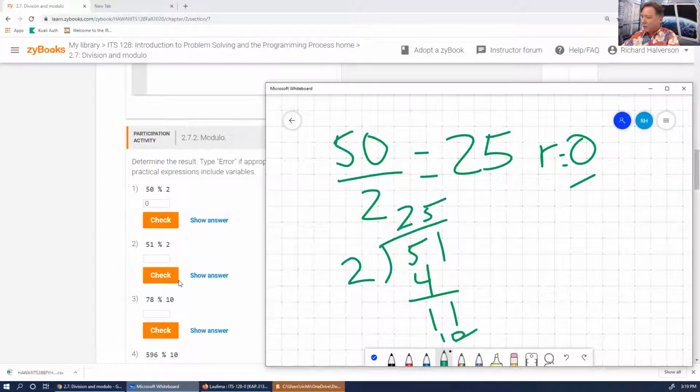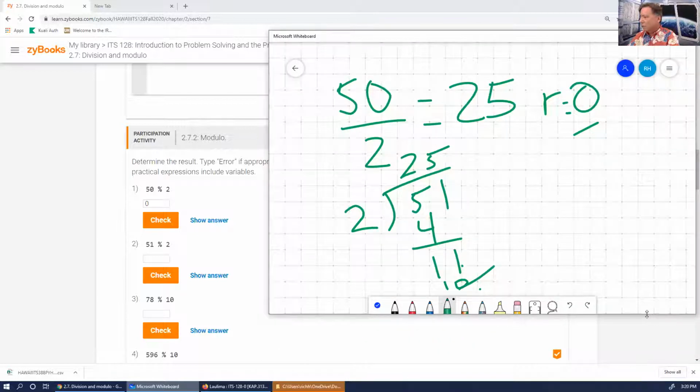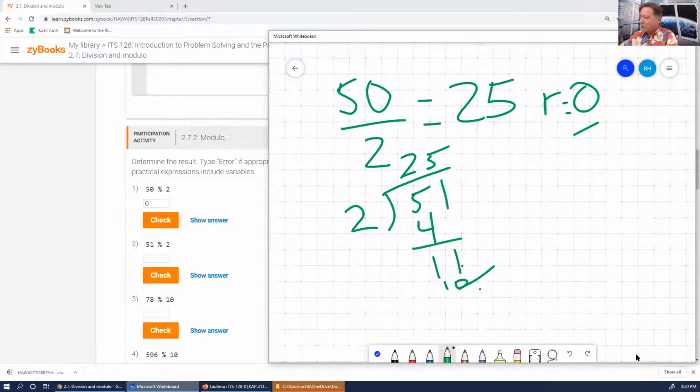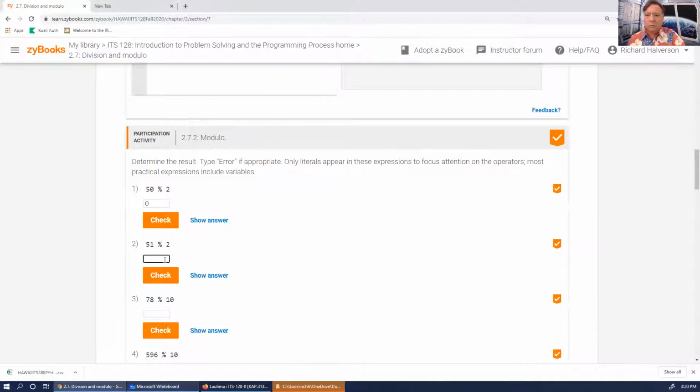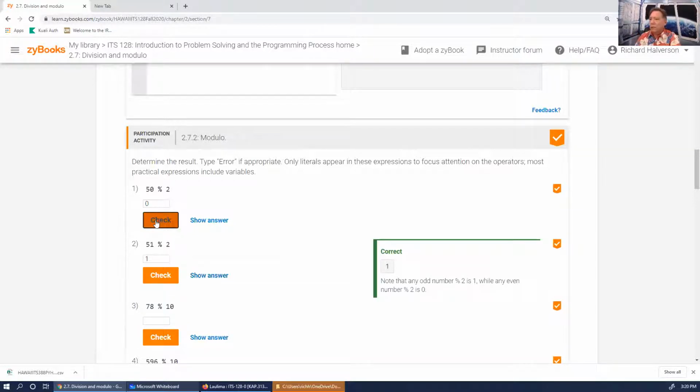And then you get 11 minus 10 is 1. And so 1 is the remainder. So 1 is the answer to this one. And 0 is the answer to that.